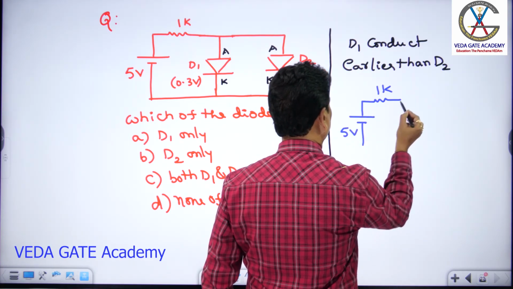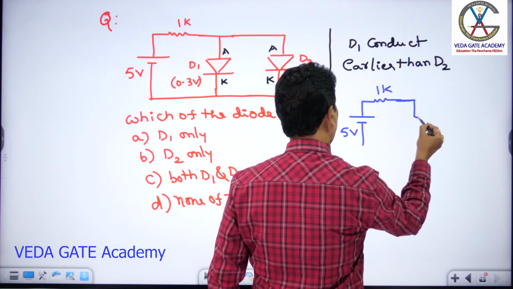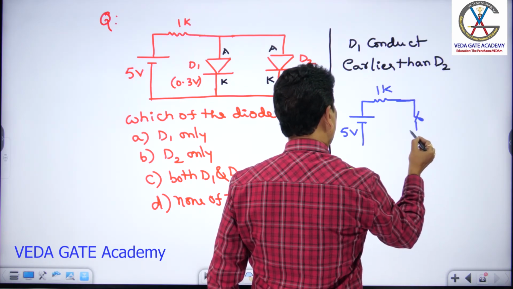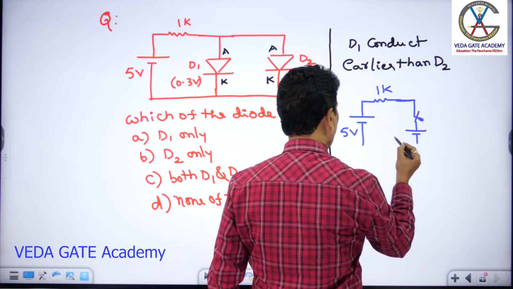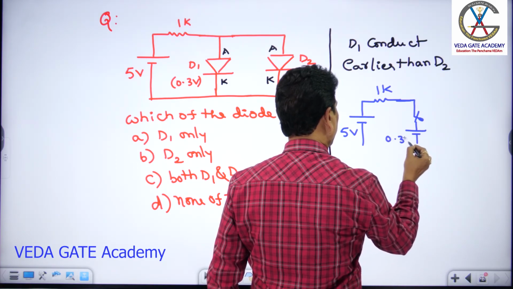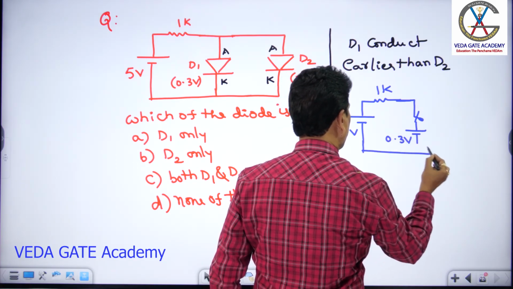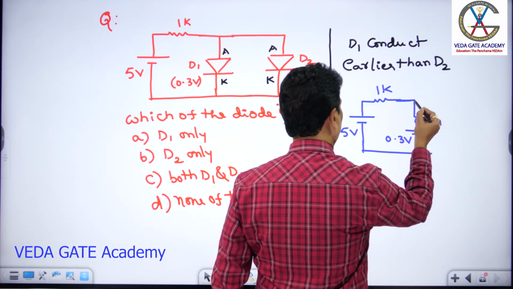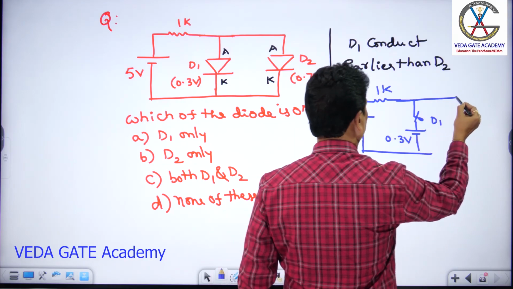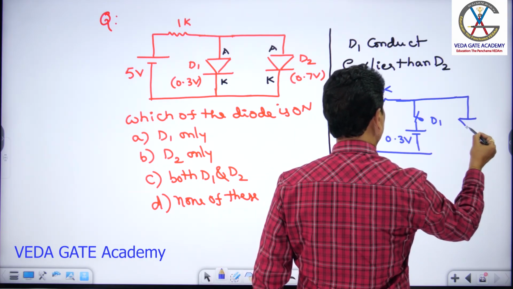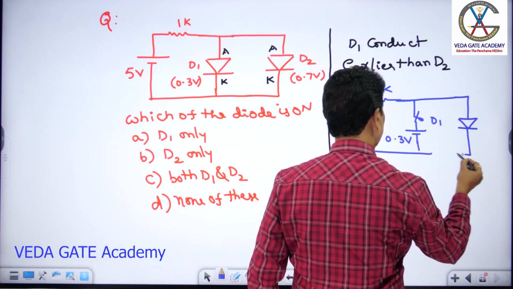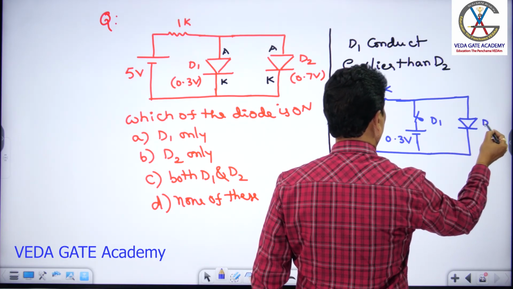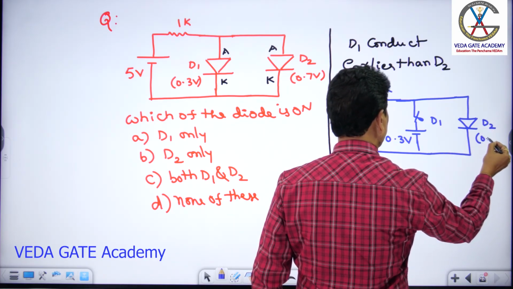D1 is on, so having a barrier potential directed from anode to cathode of 0.3 volt. This is the D1 equivalent model because it is on. Now what about D2? This is D2, whose cut-in voltage is 0.7 volt.